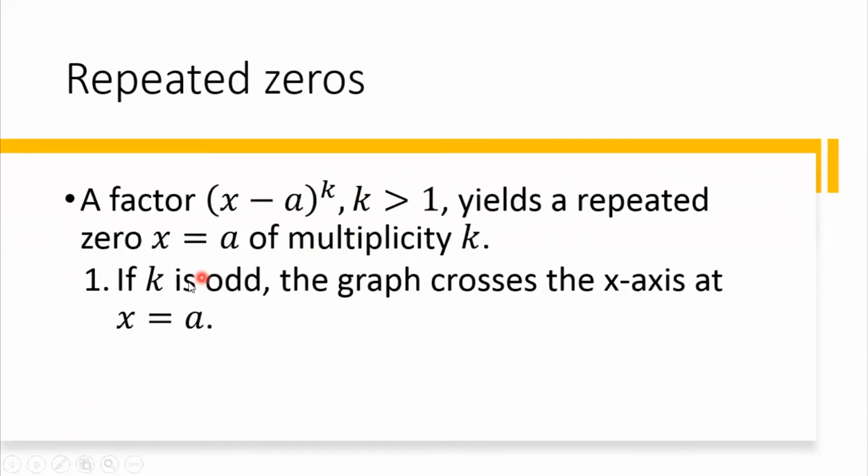Okay, so number 1, if k is odd, the graph crosses the x-axis at x is equal to a. Okay, the graph crosses the x-axis at x is equal to a. If k is odd, it crosses at the zero x is equal to a.